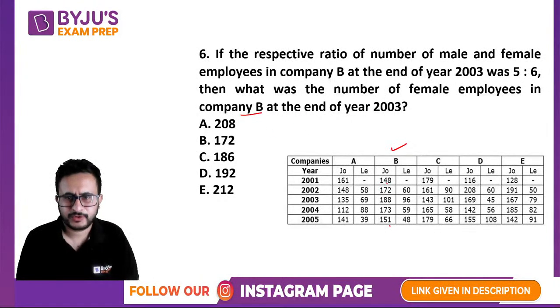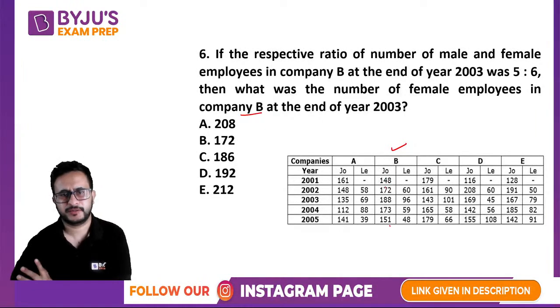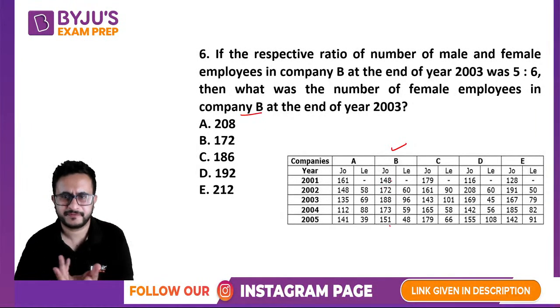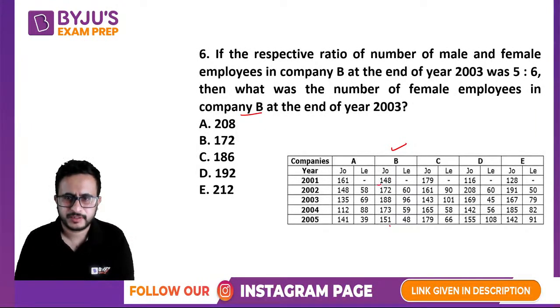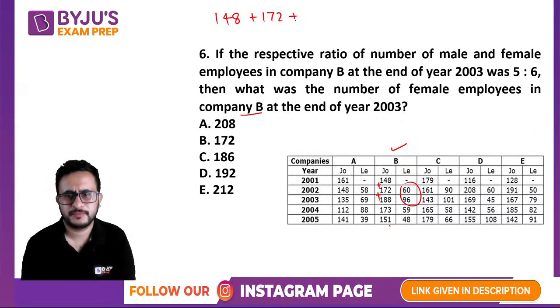Okay, so let us calculate, we are asked about company B. So company B, if you see how many have left, this is the total number of employees: 148 plus 172 plus 188, right? That is the total minus 156, because these many left also.